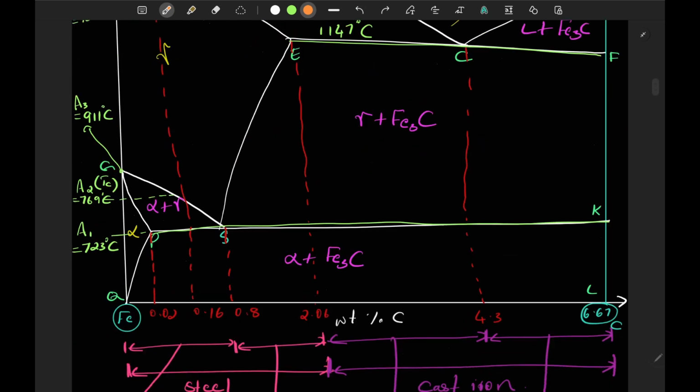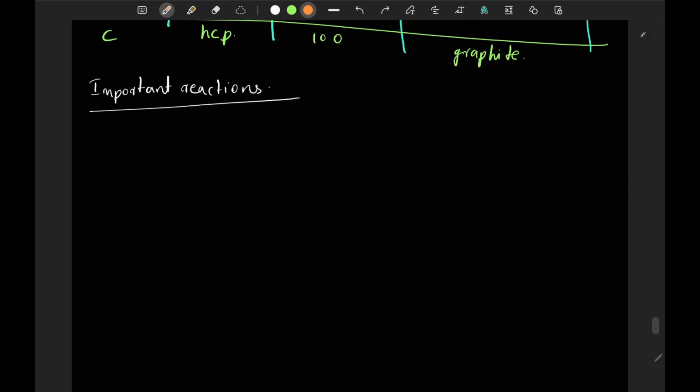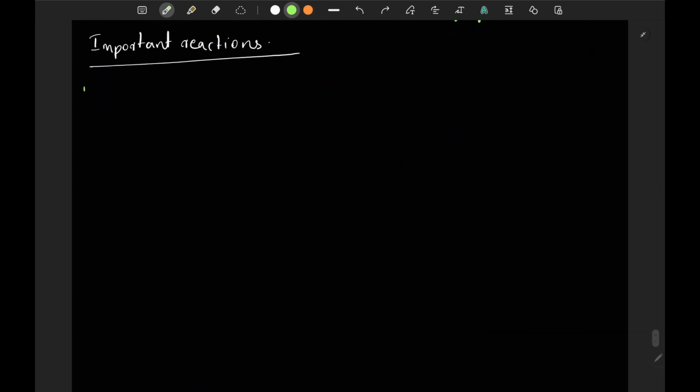Okay, now we will write it separately. So reaction number 1, peritectic reaction.